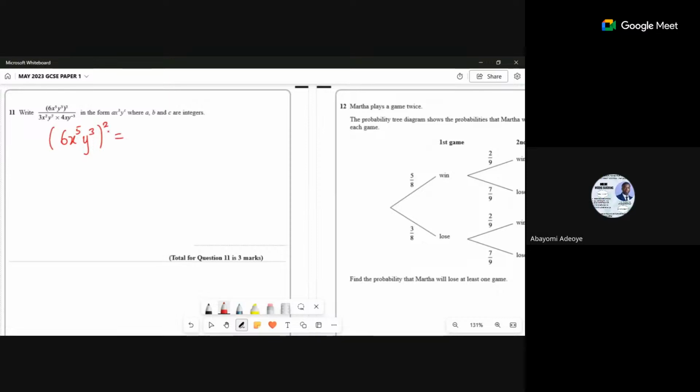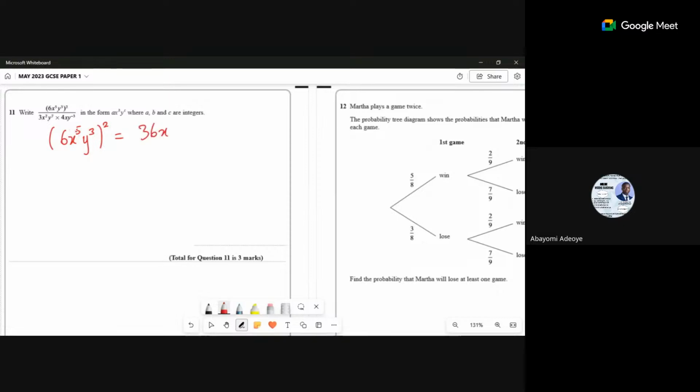If you expand this, if you square this, 6 squared is what? 6 times 6. I don't know, my brain's gone blank. 36.